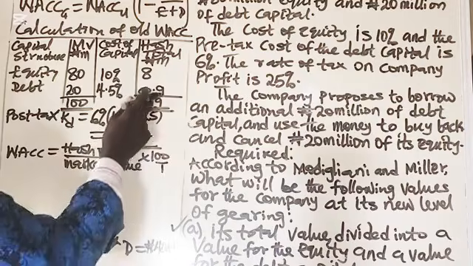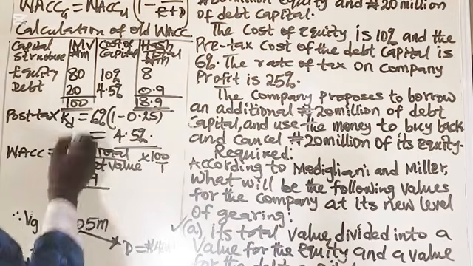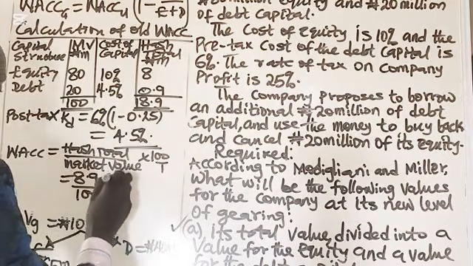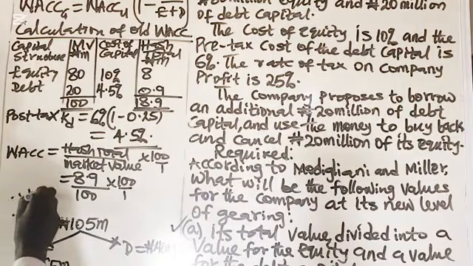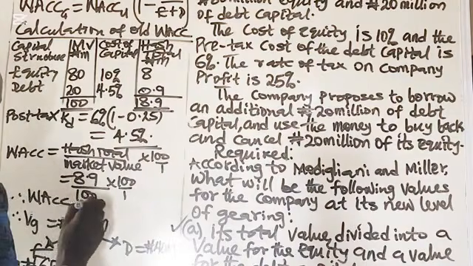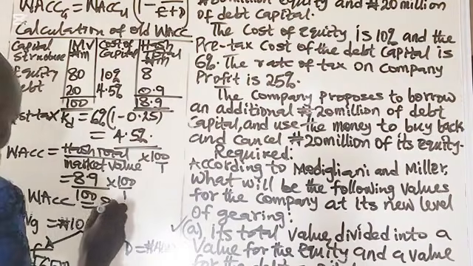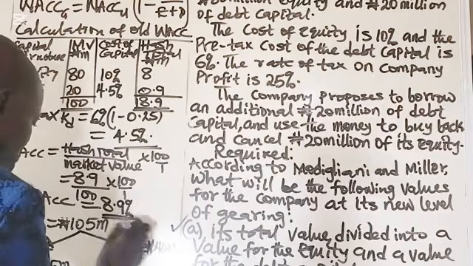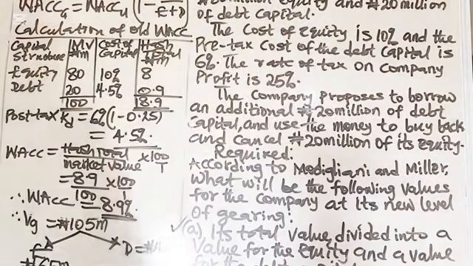The hash total is 8.9. The market value is 100, times 100 over 1. Therefore, we have the old WACC: if 100 cancels 100, you'll be left with 8.9%. So that is the existing WACC of the company, the old WACC at the old level of gearing.